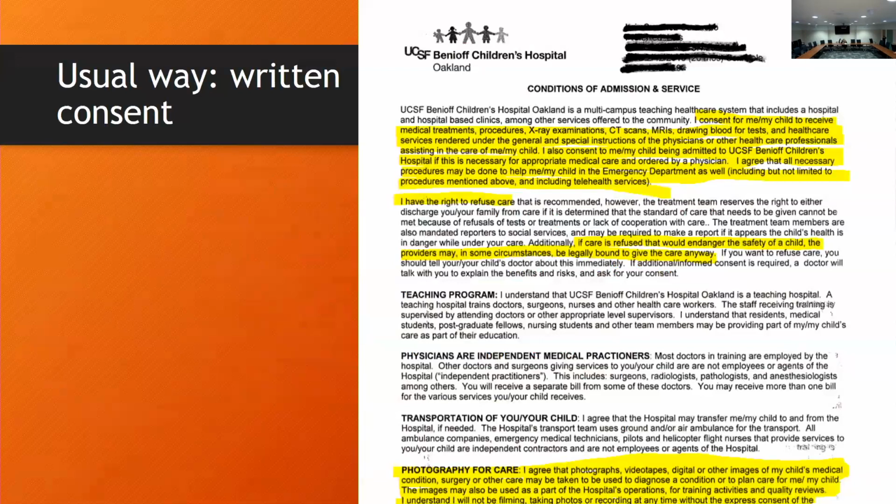Then, you have the right to refuse. Photography is included, provided the images are used for the patient's condition, for surgery, for training, not, oh, this is an interesting rash, I'm going to show my friends. But all that is included in our usual written consent.